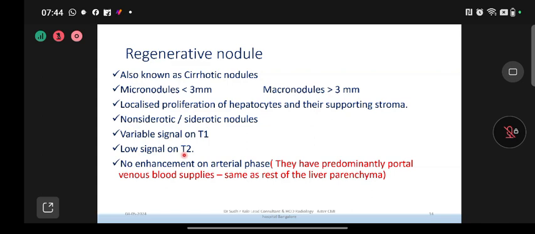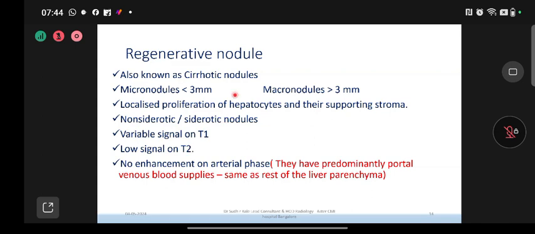Then on a T2 weighted image, on the contrary, it will be low signal. Anything a little bright signal, I told you, water. So whenever the lesion starts becoming whiter, brighter on T2, it tells that it is becoming dysplastic or early HCC kind of thing.